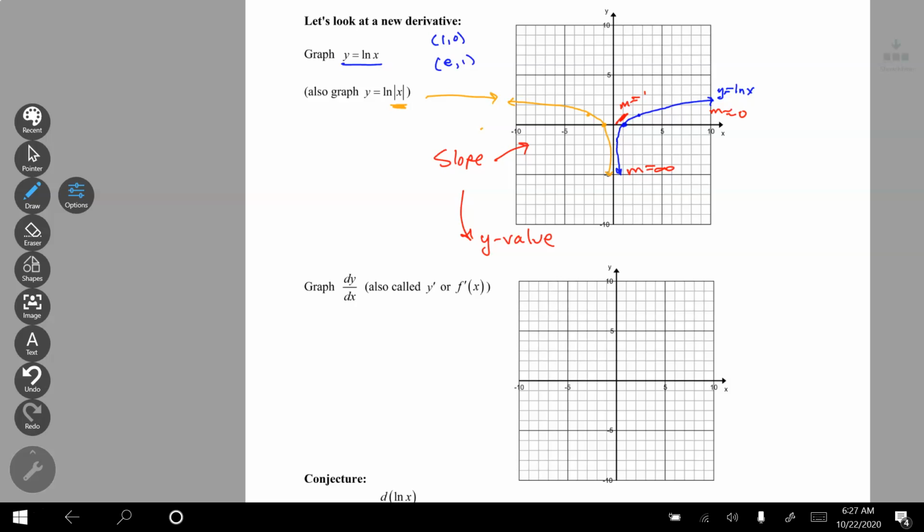Well, on the other side I have exactly the same thing. This slope is about 0. This slope here is now about -1. And this slope here is going to negative infinity. So if I draw this graph, it kind of looks like this. Right here about 1.